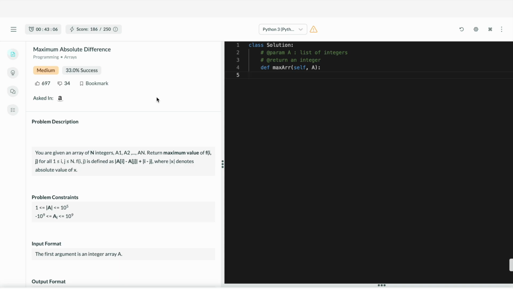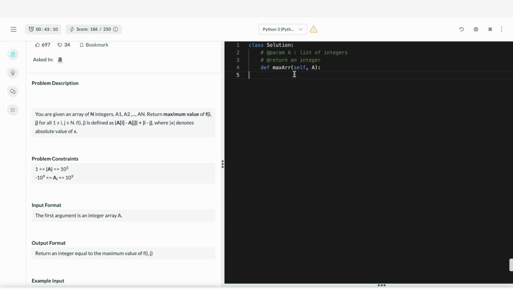Now let's solve this problem in InterviewBit. What we discussed in pseudocode, we will define the same.